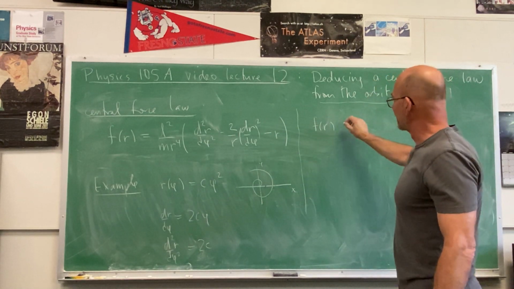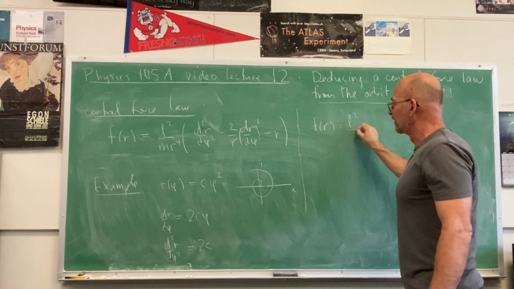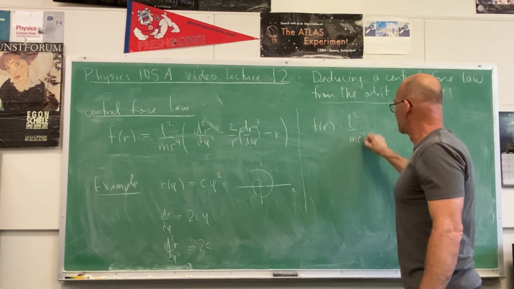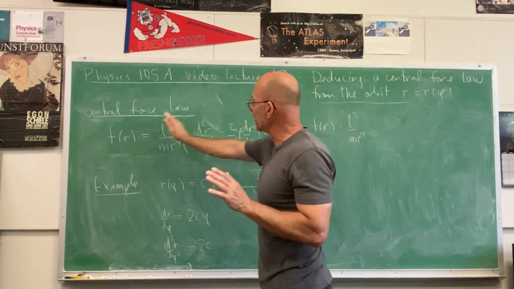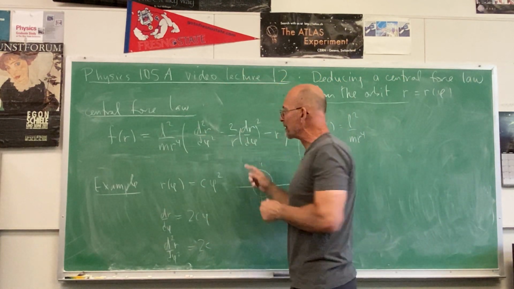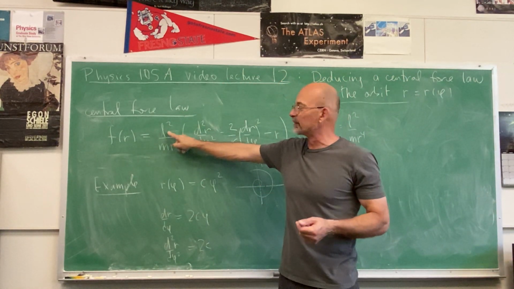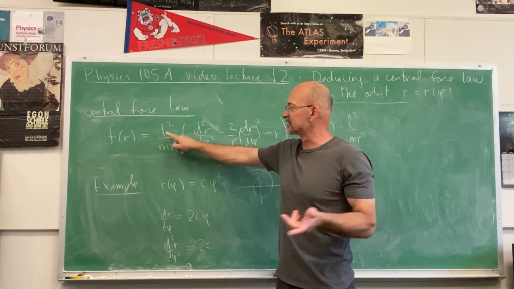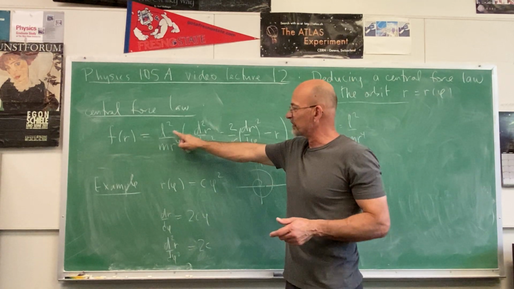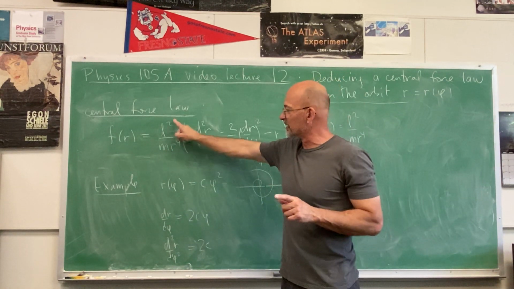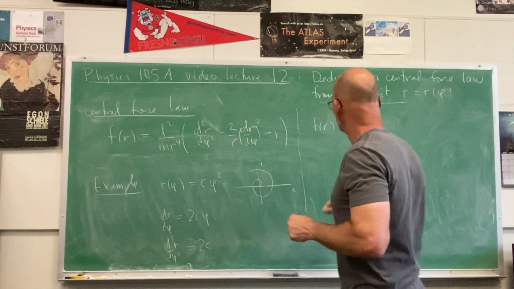We've got L squared over m r to the fourth. I'm going to point out you can always have this pulled out of this expression because L is a conserved quantity in the problem. So L is a constant, and you don't have to keep transforming, although in the Kepler problem we will. We'll actually get rid of the L squared, but right now we don't have to worry about it.